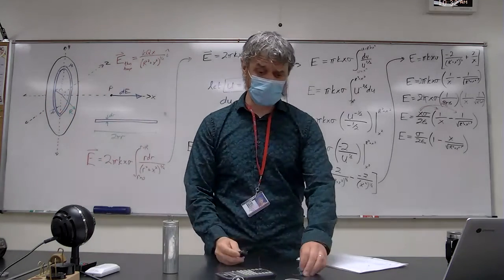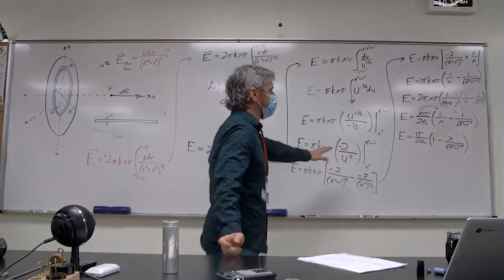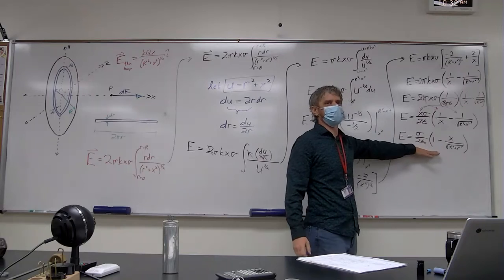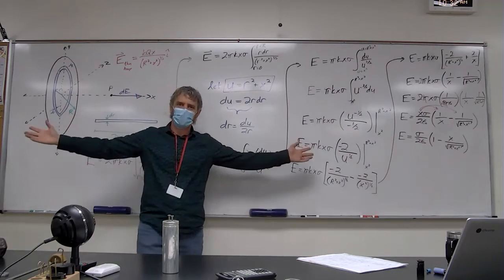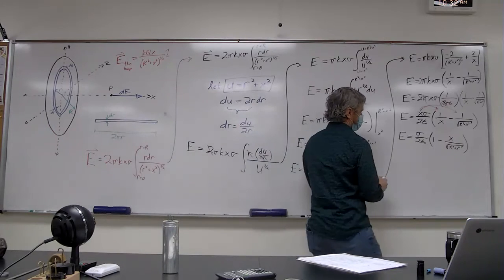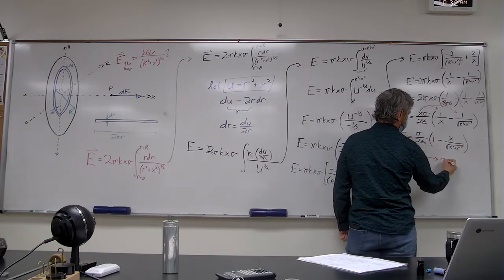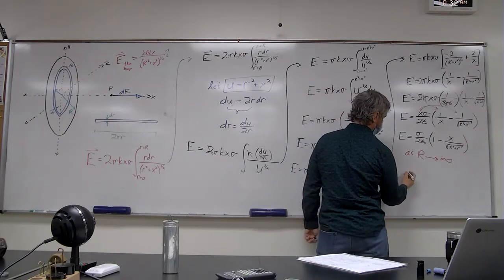So for dealing with capacitors, we don't really worry about this electric field. We worry about what this electric field becomes once the radius of our cylindrical sheet is approaching infinity. And so as R approaches infinity, can anyone tell me what this electric field approaches?